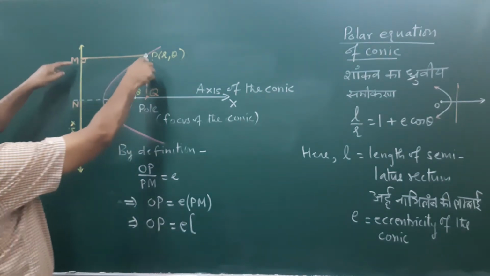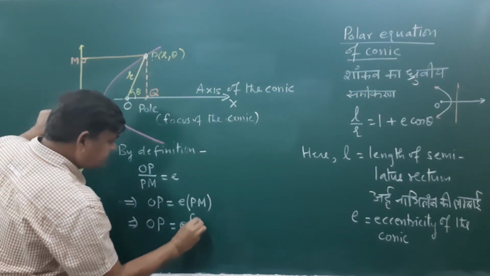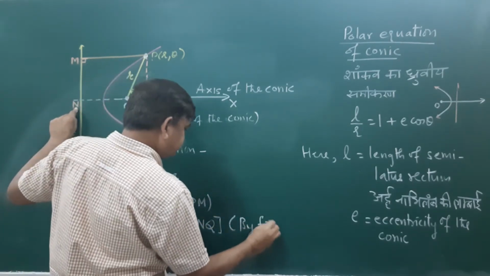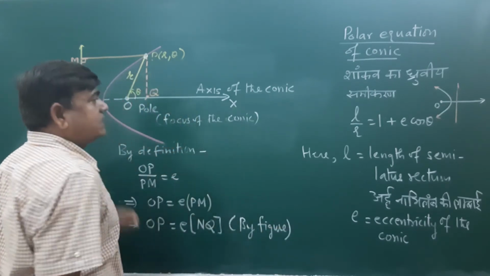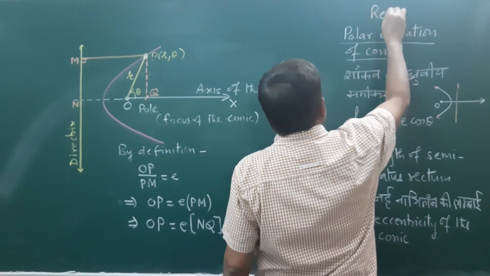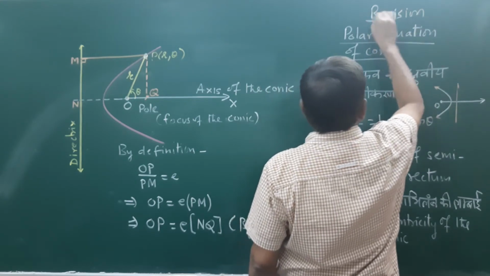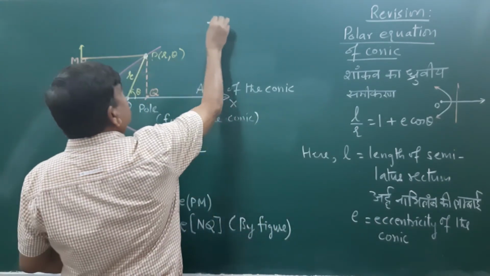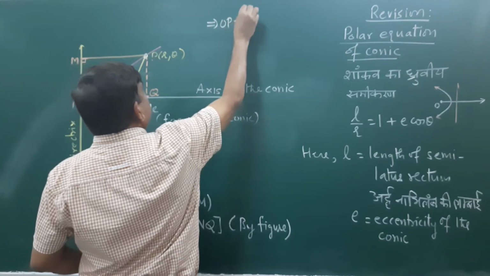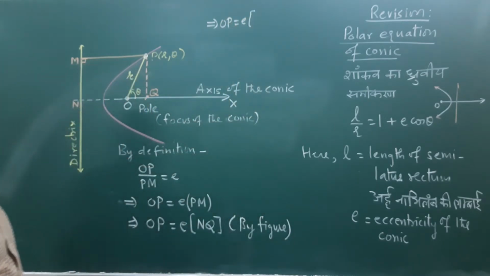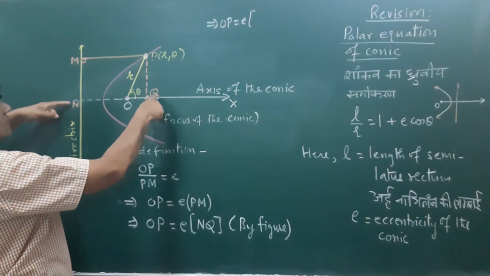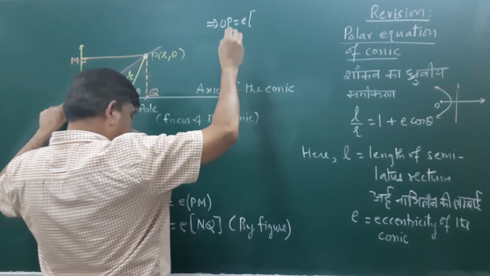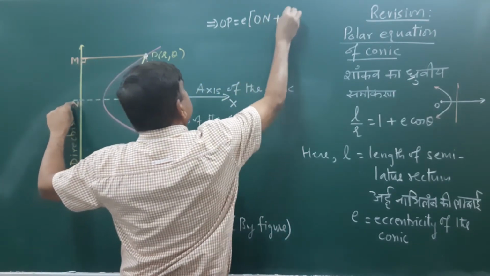According to the figure, PM is equal to NQ. Or OP equals E times NQ. NQ is ON plus OQ.